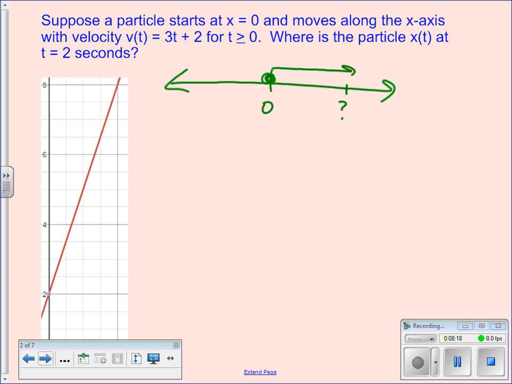We could answer this question if we knew other places where it started as well. The process would be similar. Starts at 0, where does it stop? Okay. Can't really find where it stops directly with the information, but what we can find is how far it traveled.